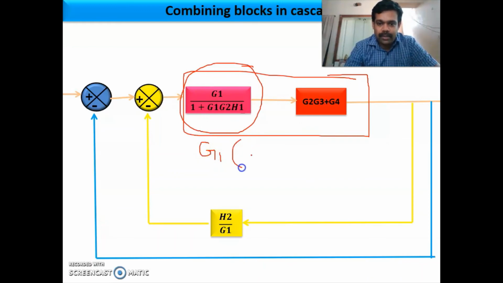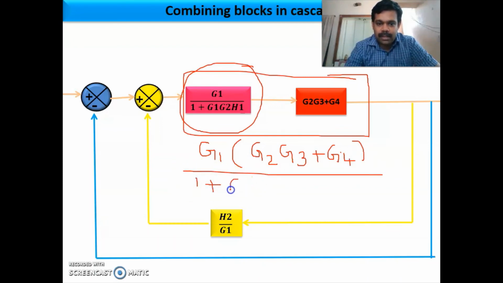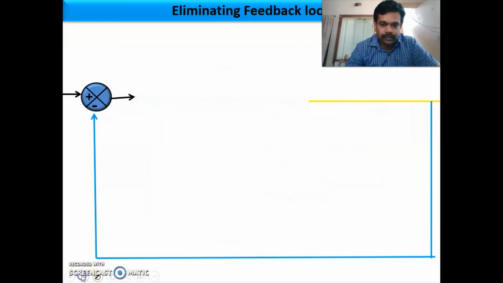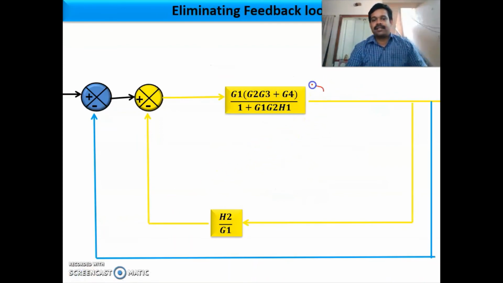So G1 into G2 G3 plus G4 divided by 1 plus G1 G2 H1. Okay. So we will be replacing these two blocks by one block. So this is the combined block.